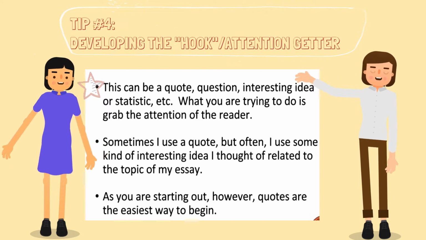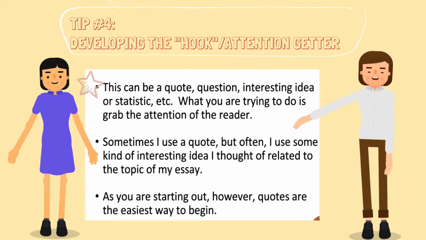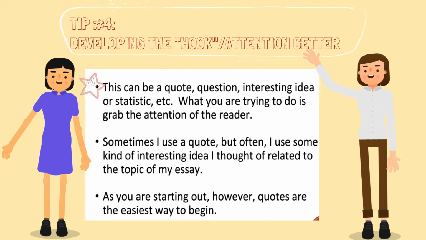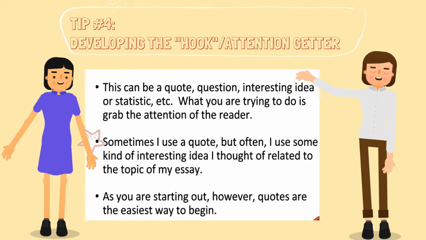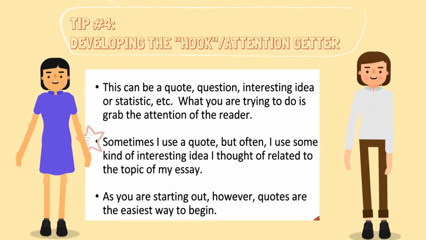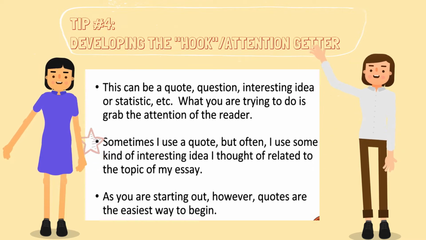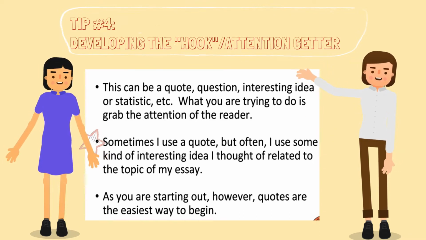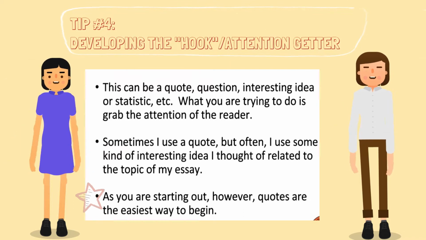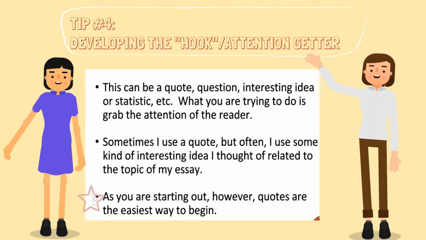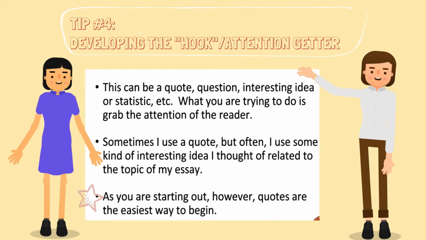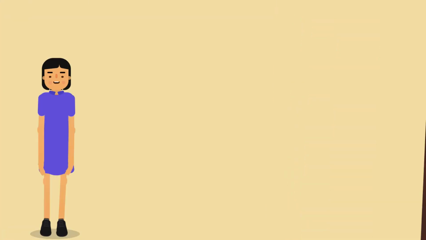But whatever you choose to do, you've got to grab the attention of the reader. Sometimes I use a quote, but more often than not, I use some kind of an interesting idea that I thought of that was related to the topic I was writing about. But with that said, the easiest thing if you're a beginning writer is to just find a really good quote.